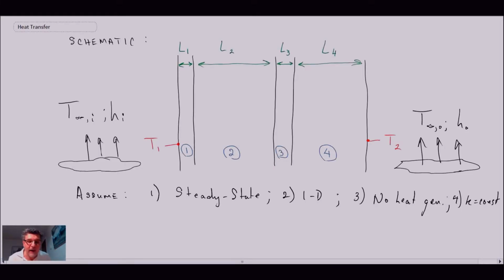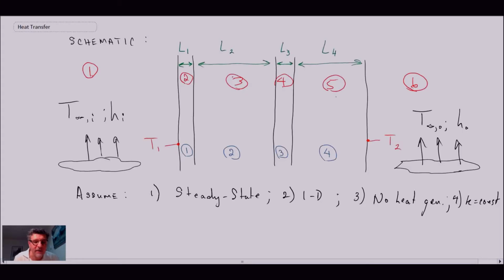Given that, we're now going to perform the analysis using thermal resistances, and this is a series problem. We'll begin by writing out what our resistance network looks like, with the number of resistances we're going to have. There will be 1 here, 2 there, 3 here, 4, 5, and finally 6 out here.